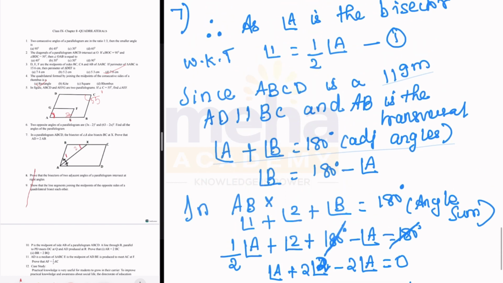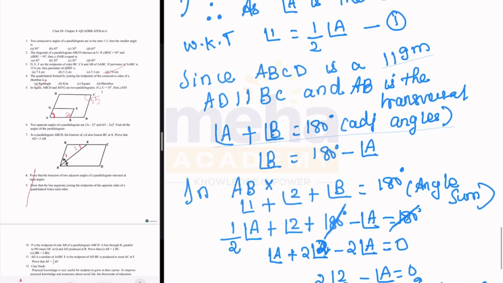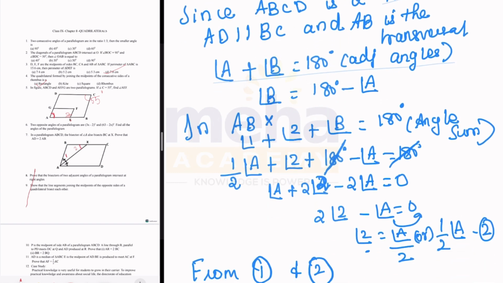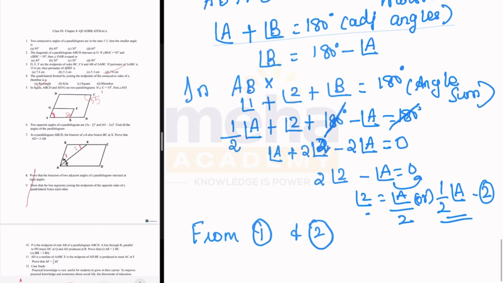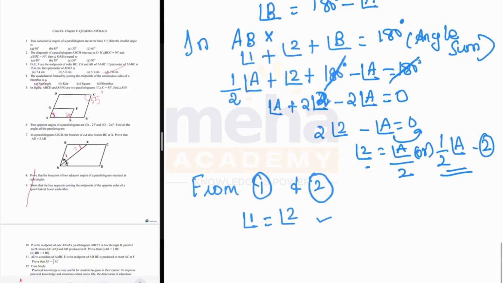So from 1 and 2, what is 1? We have just proved that angle 1 is equal to half of A. Now we have proven that angle 2 is also equal to half of A. Then from 1 and 2 you can say that angle 1 is equal to angle 2. Then again go back to the triangle ABX. We have angle 1 is equal to angle 2.